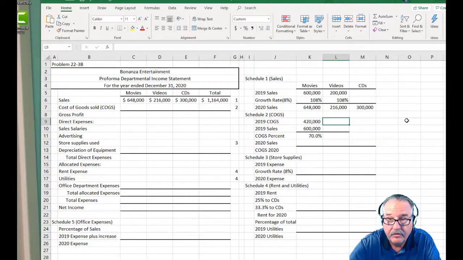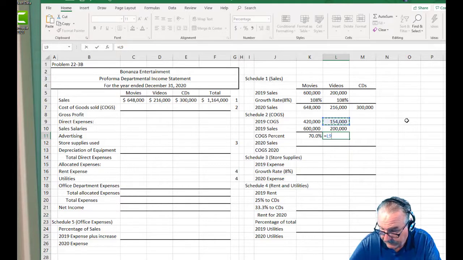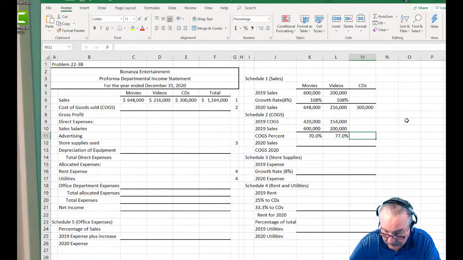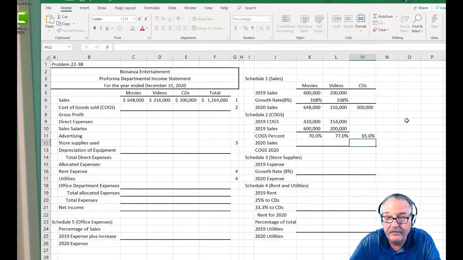For videos, cost of goods sold was $154,000. Sales is up above, and their cost of goods sold percent is 77%, and they just told us that the CD department would have a 65% gross profit. Sorry, cost of goods sold percent.